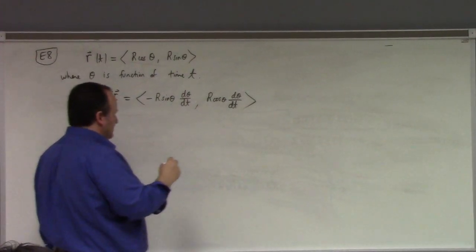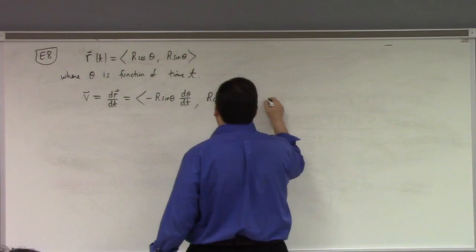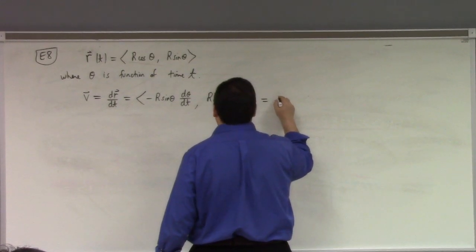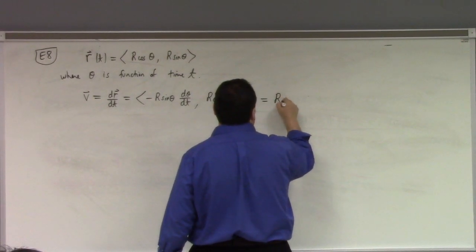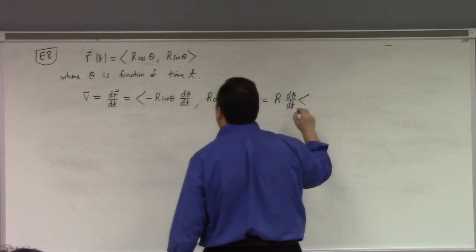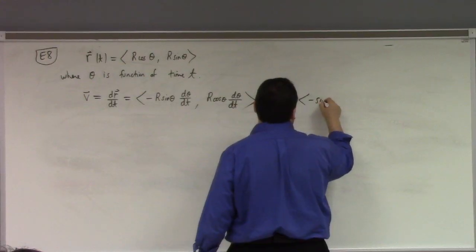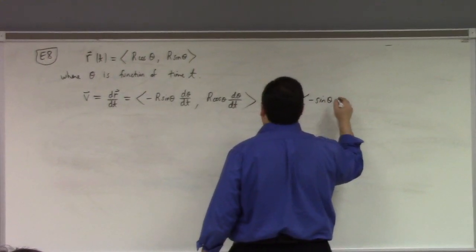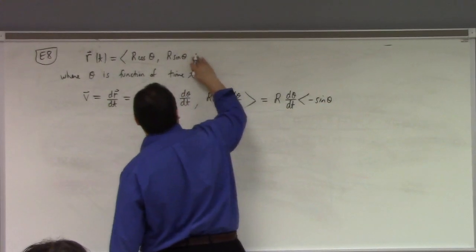And so lo and behold, we can rewrite this thing as r times d theta dt times minus sine theta, cosine theta. And let me make this three-dimensional just for kicks.